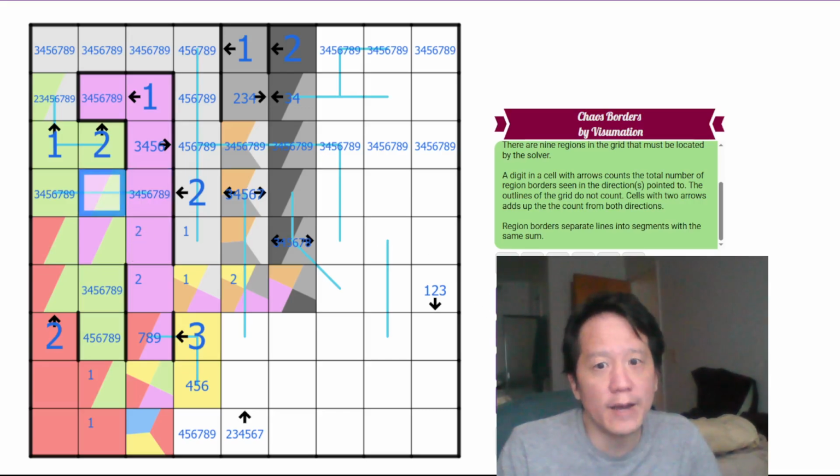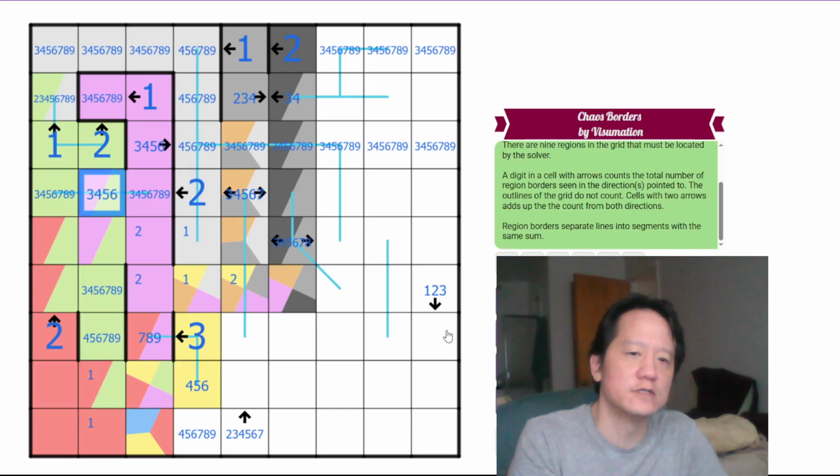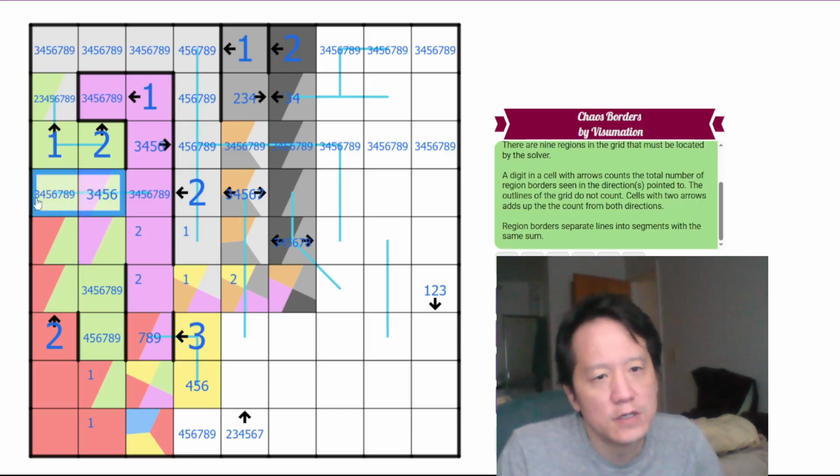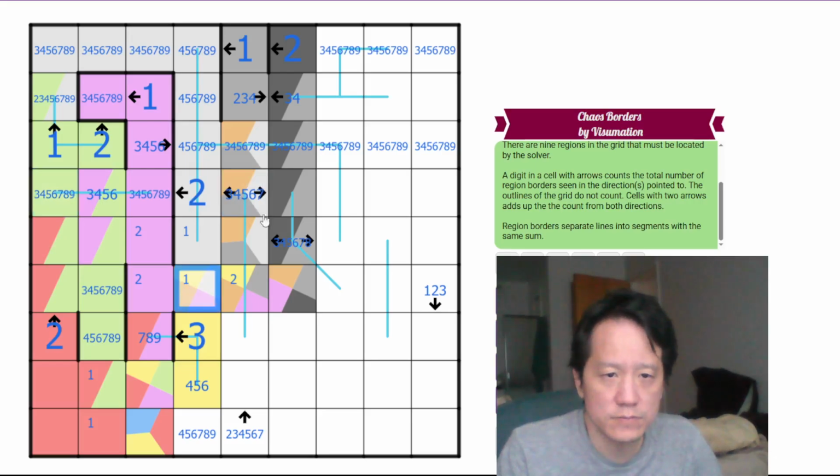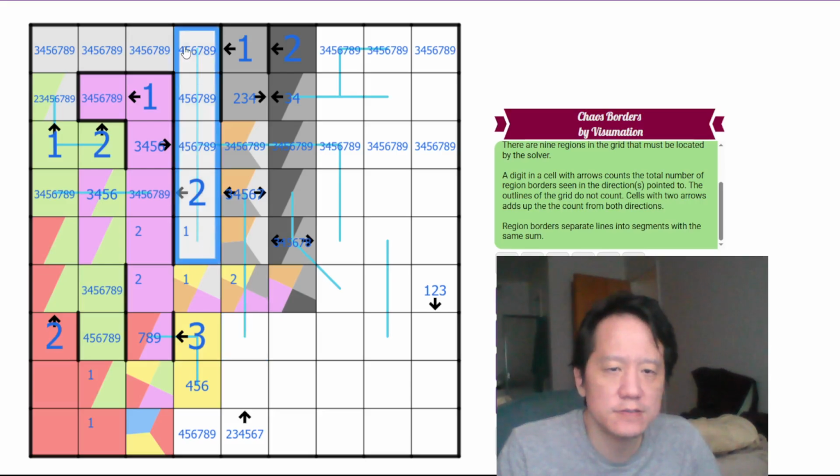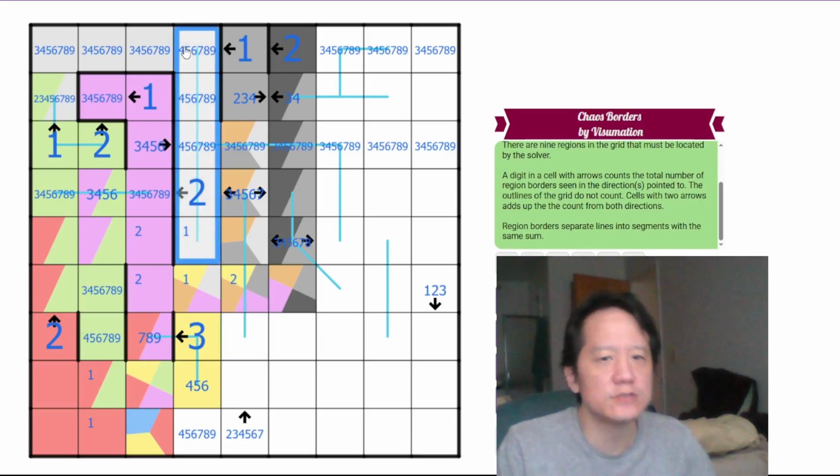So it can be at most 6. This is 3 through 6. Therefore, this would be 7, 8, or 9 here. This would be 7, 8, or 9. Oh, that's interesting.